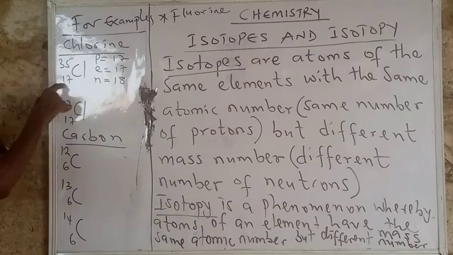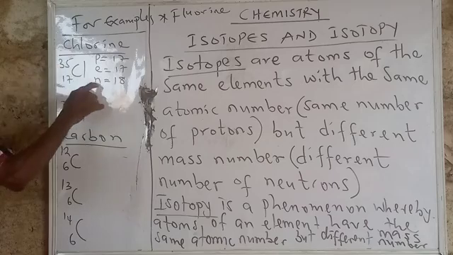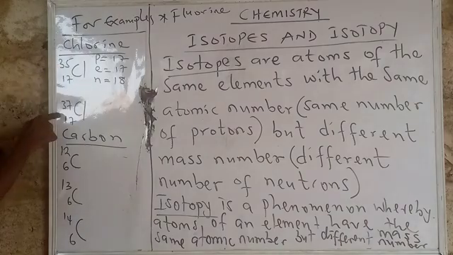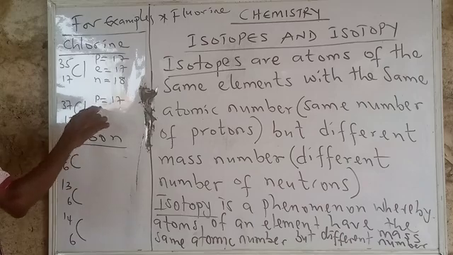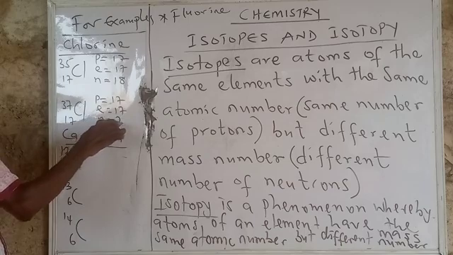Just subtract the atomic number from the mass number. That will give you the number of neutrons. For chlorine 37, the proton is 17, electron 17, neutron is 20.